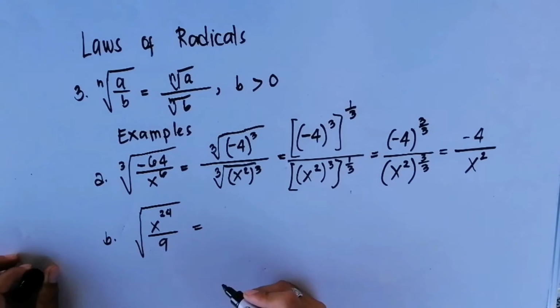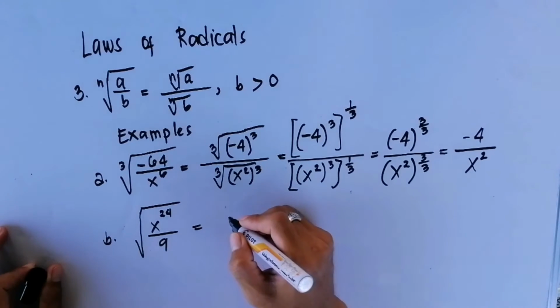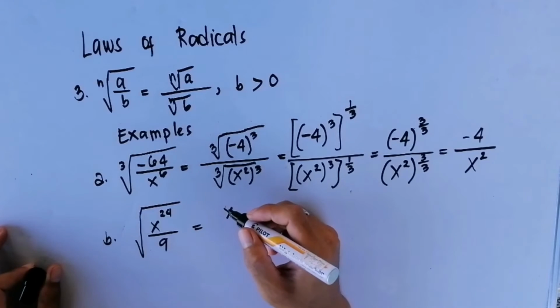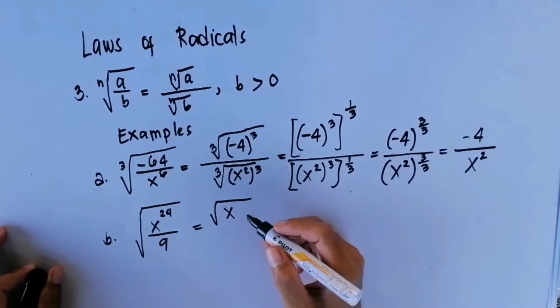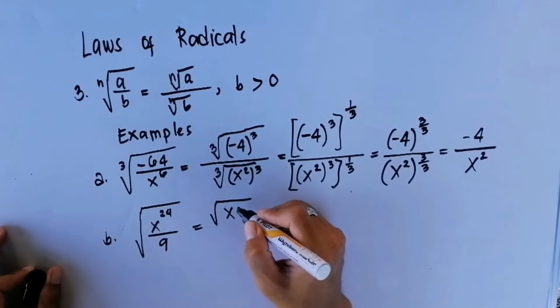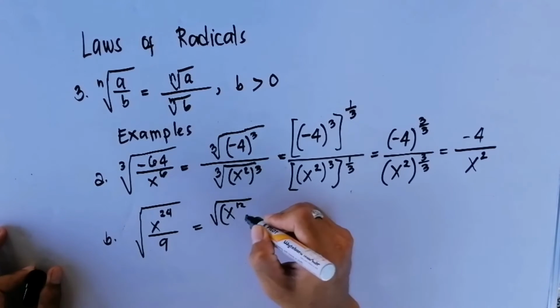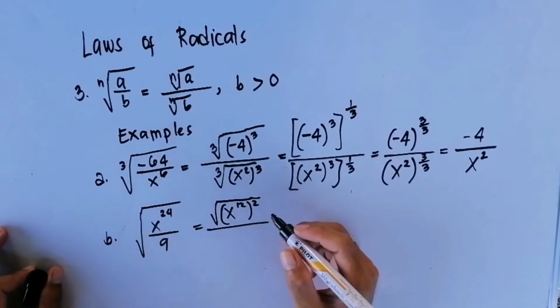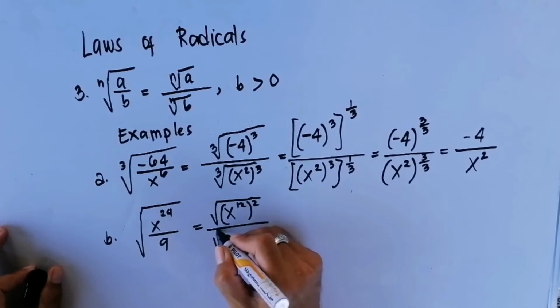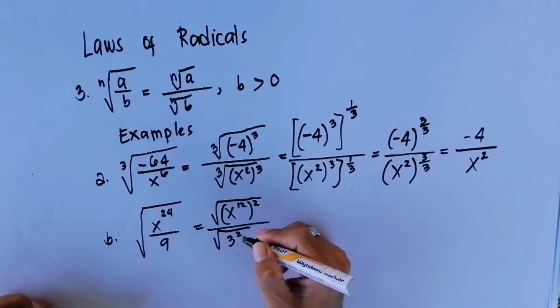Okay, for B, we have the square root of x raised to 12 over the square root of 3 squared.